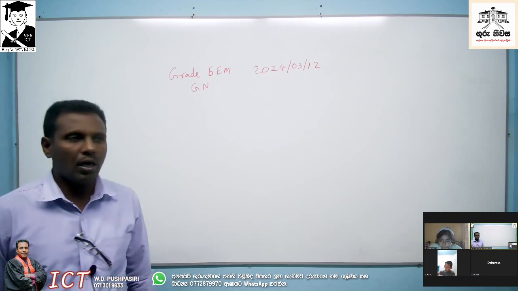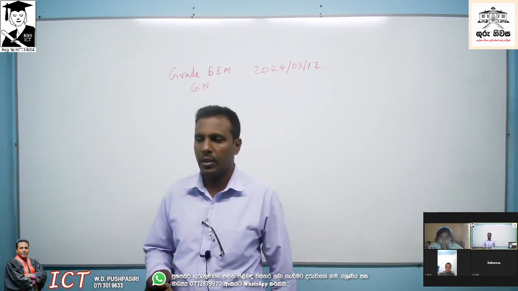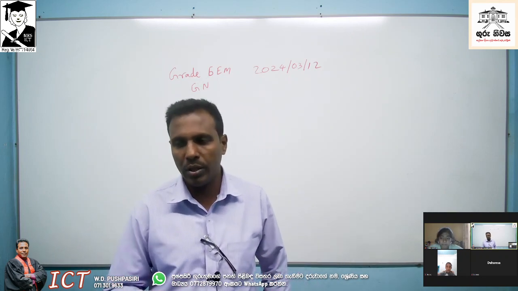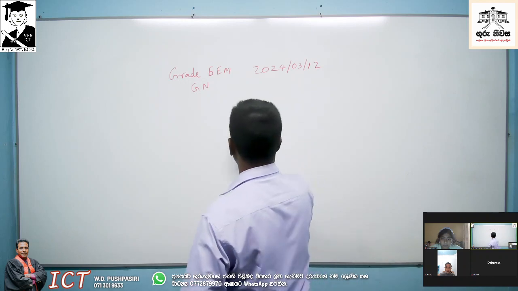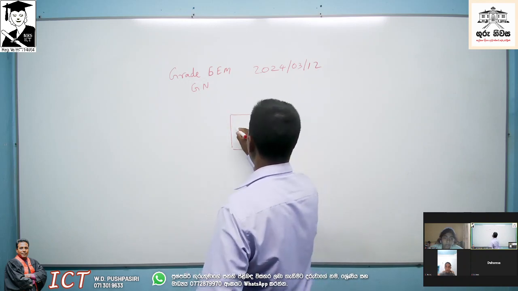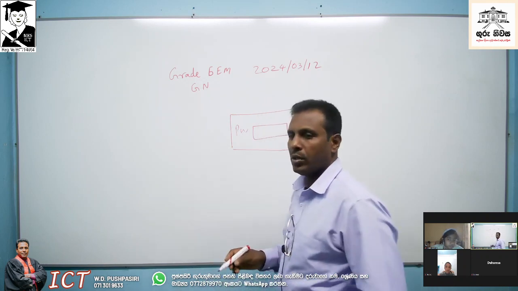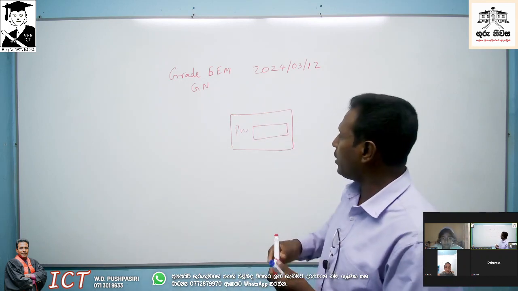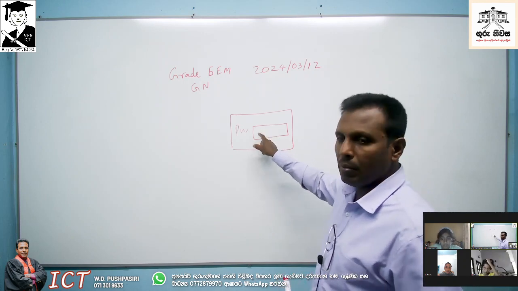Now if you have a password protected computer, we have to switch on the computer, then there is a screen that says password, and a box so that we can enter the data inside the box. That is called entering the password.